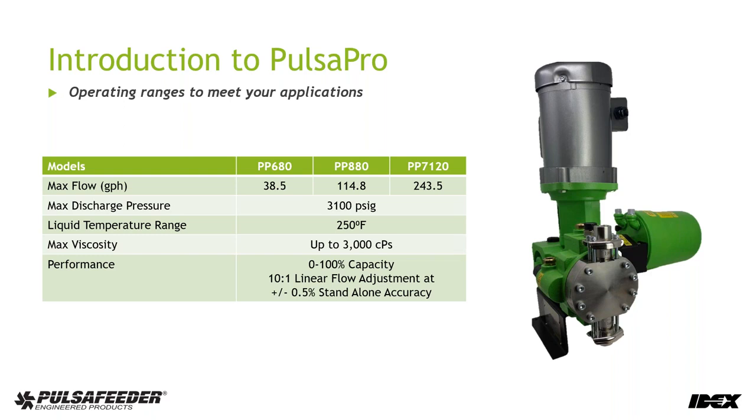All these models have full sinusoidal stroke motion and a compact footprint. They provide 0 to 100% capacity, 10 to 1 linear flow adjustment, and a super high accuracy of plus or minus 0.5% standalone accuracy.